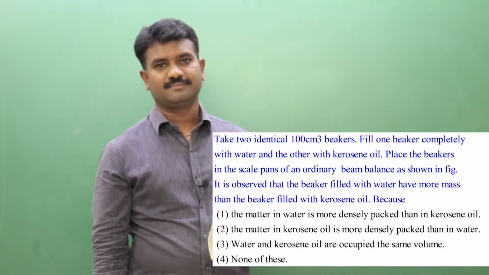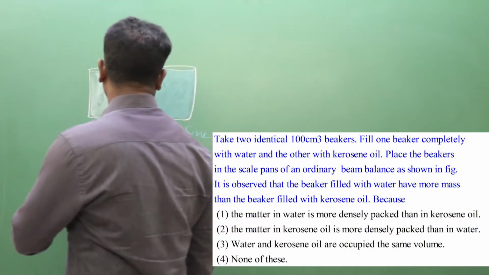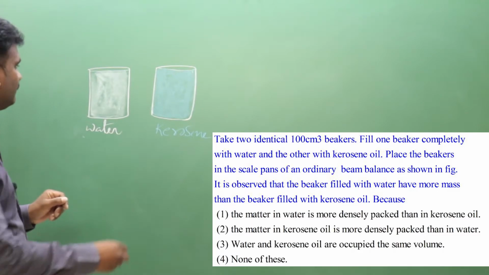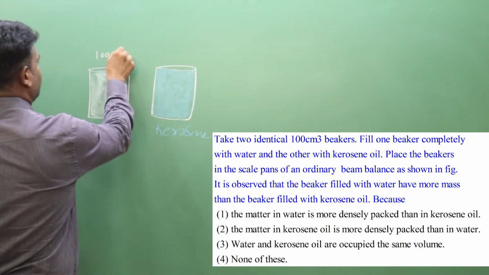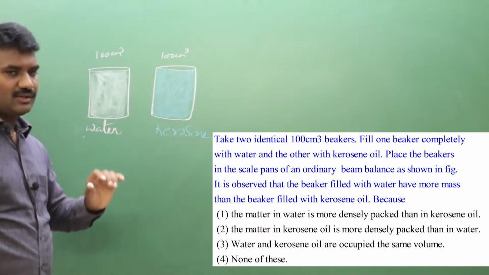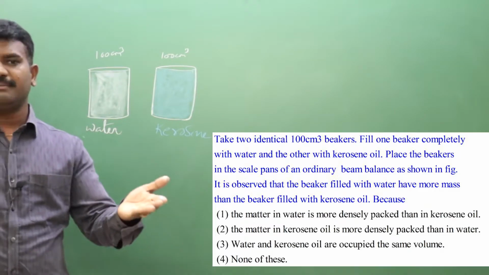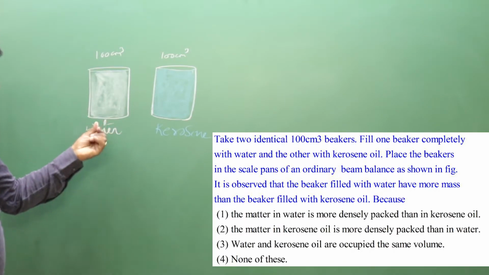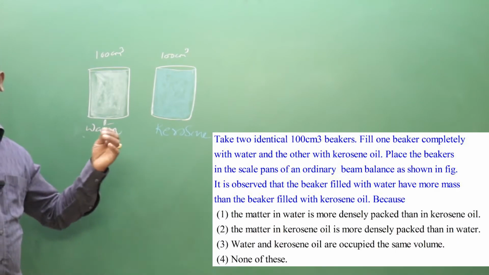Good question. See, both have the same volume, 100 centimeter cube, completely filled with water and kerosene. Both are placed in the beam balance as shown in the figure. But it is shown that water has more mass than kerosene.